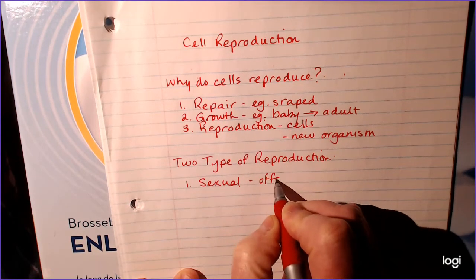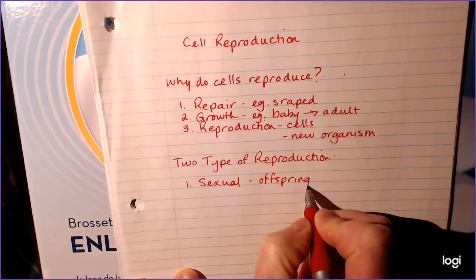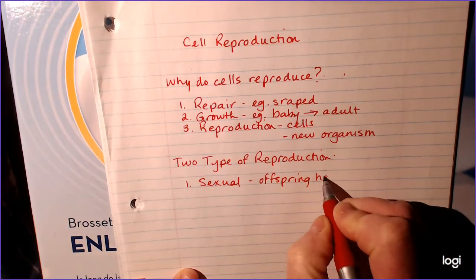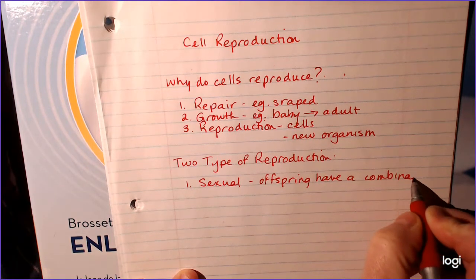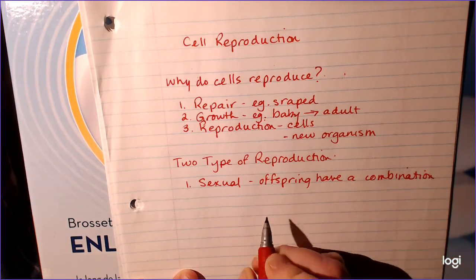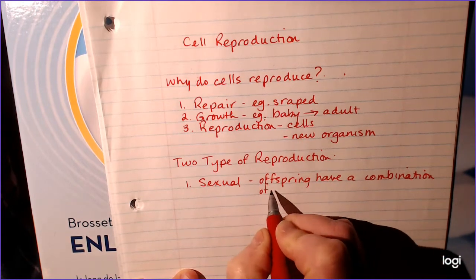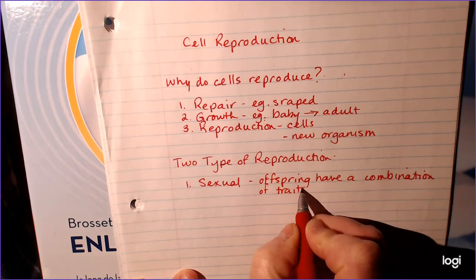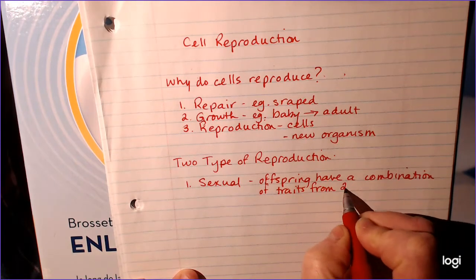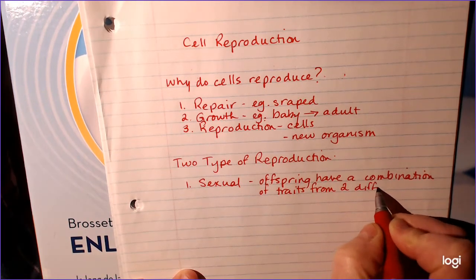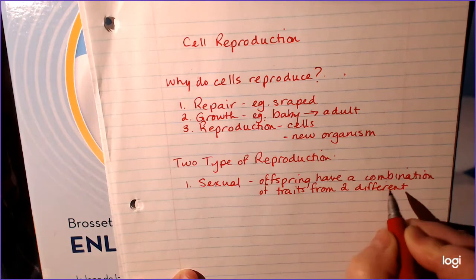So the offspring have a combination of traits from two different parents.